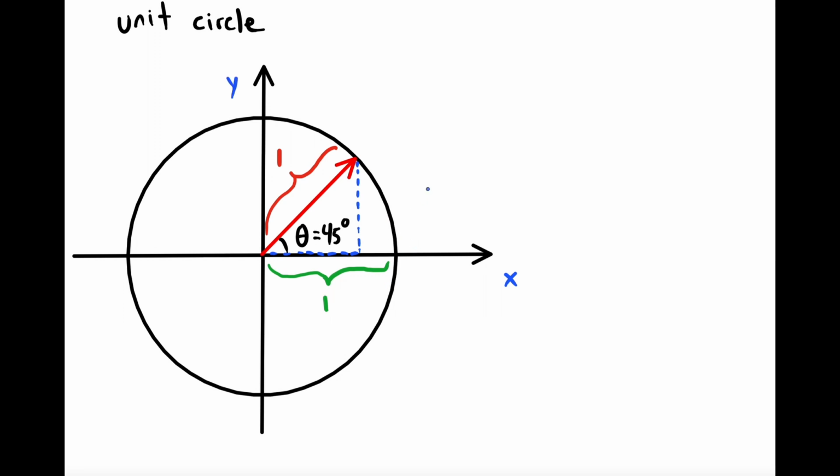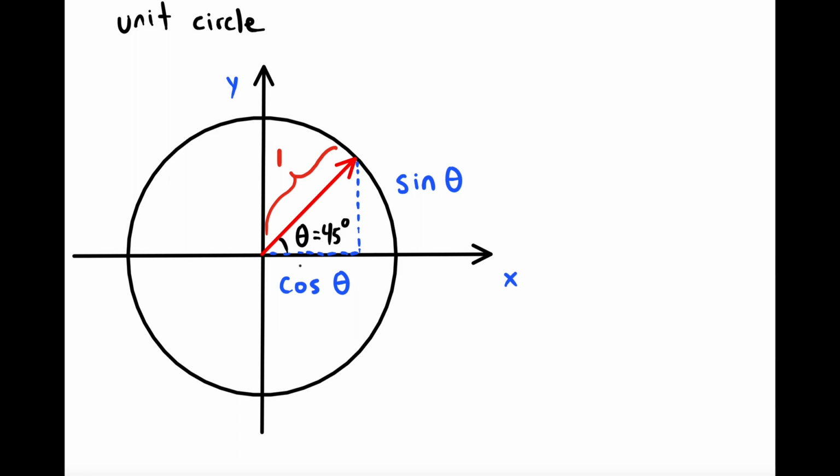And so the height of the blue, we said before, was going to be called the sine of the angle theta. The width there of your triangle is known as the cosine of the angle, as long as we're talking about a unit circle where the hypotenuse is 1.